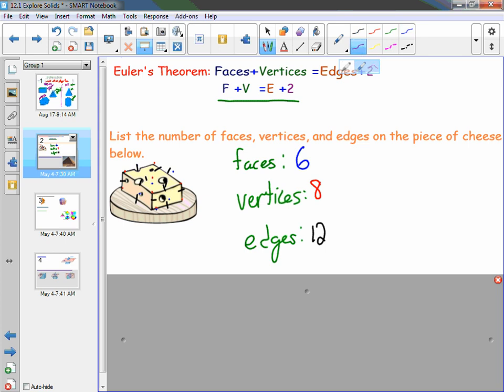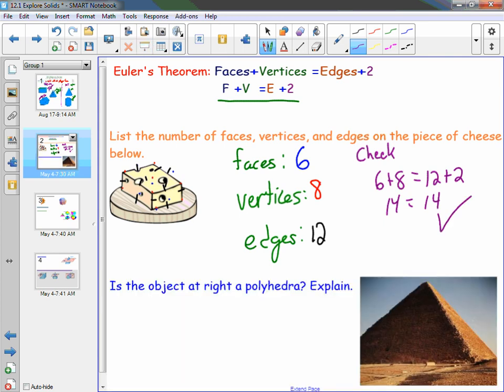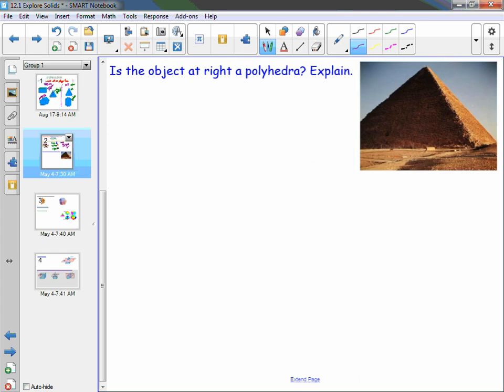To check with Euler's, faces plus vertices equals edges plus 2. And in fact, we get 14 equals 14. So that is one way we can know that we are correct.